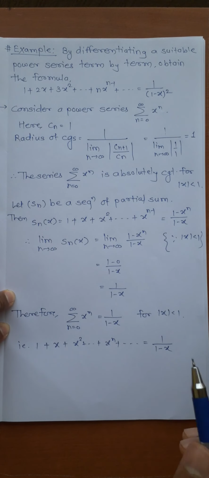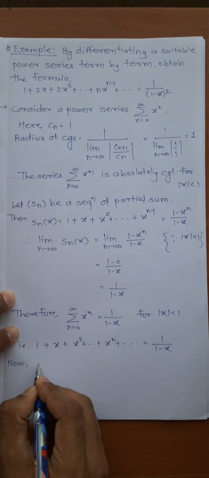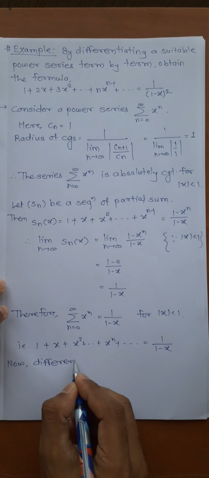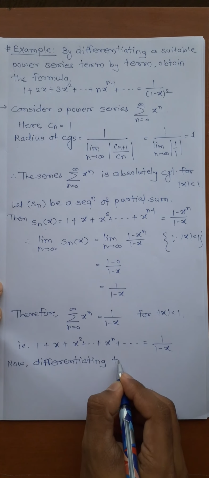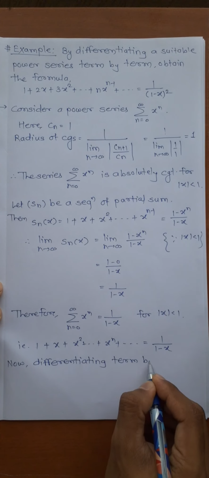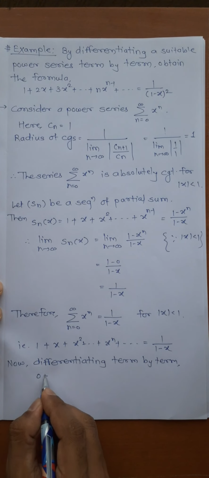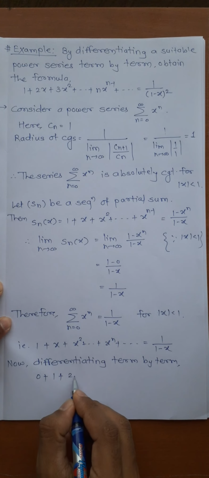Now I am going to differentiate term by term. I am going to find its derivative. What is the derivative of 1? 0. What is the derivative of x? 1. What is the derivative of x square? 2x.